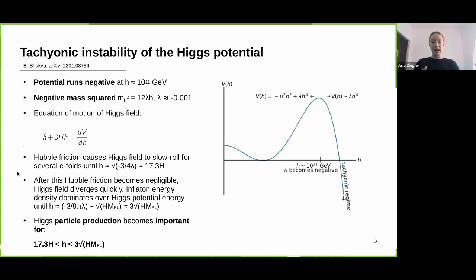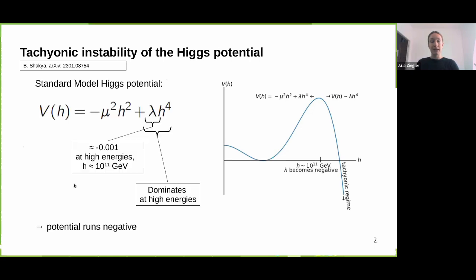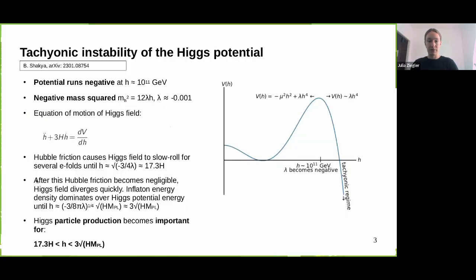And then after that, until about 3 times the square root of the Hubble constant times the Planck mass, sorry, somehow this is jumping a little, then Hubble friction becomes negligible and the Higgs field diverges quickly. However, the inflaton energy dominates over the Higgs potential energy. And in this window between these two numbers, that's where the Higgs particle production becomes important.